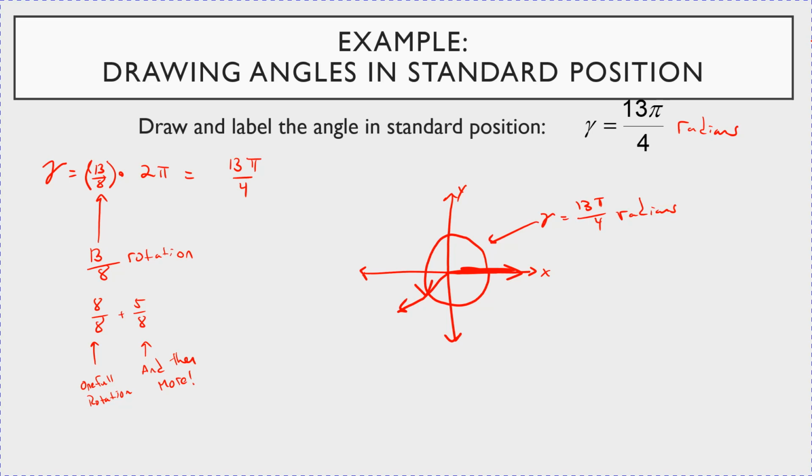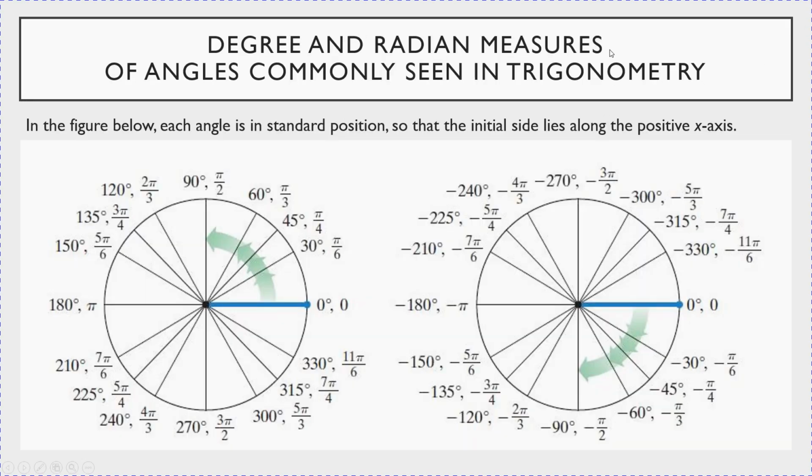All right, I highly encourage you to always keep this one handy. Trust me when I say this photo will be incredibly helpful as we go through the course. It has some common angles listed in both degrees and radians. This one here has positive angles.